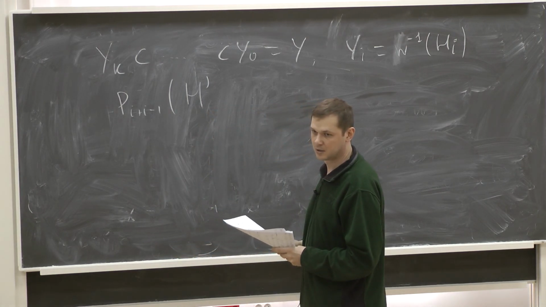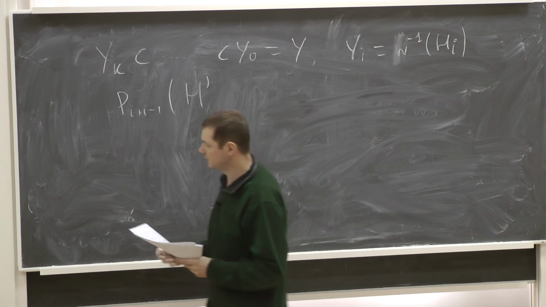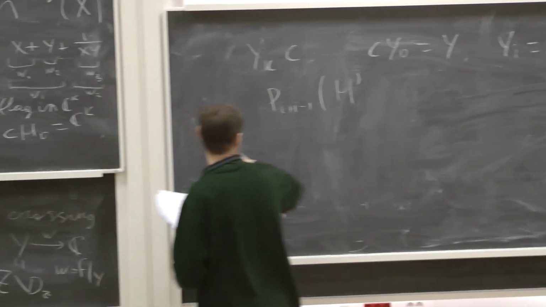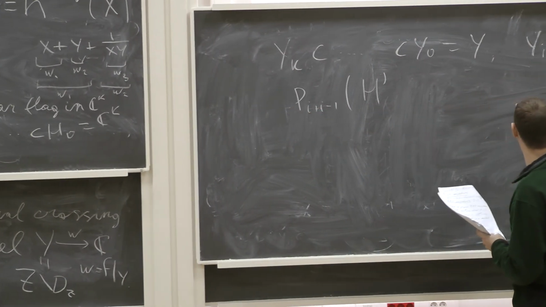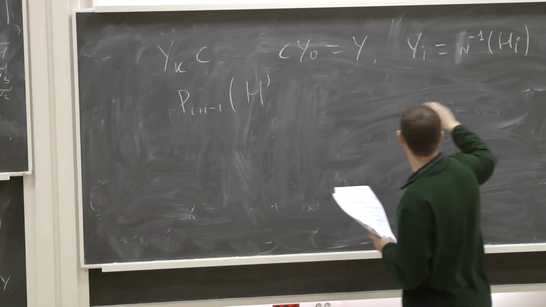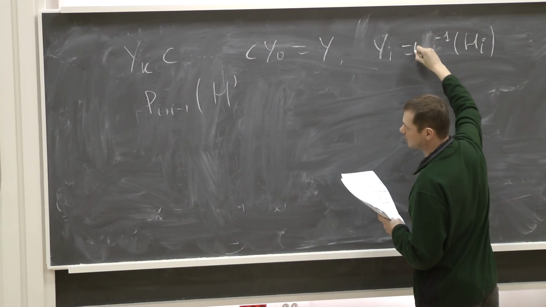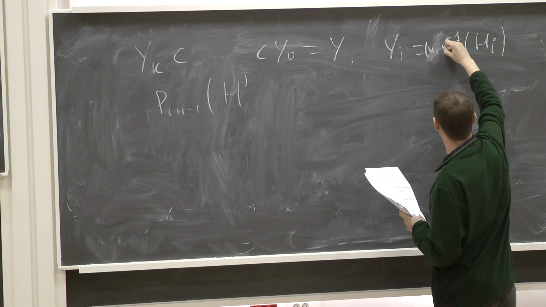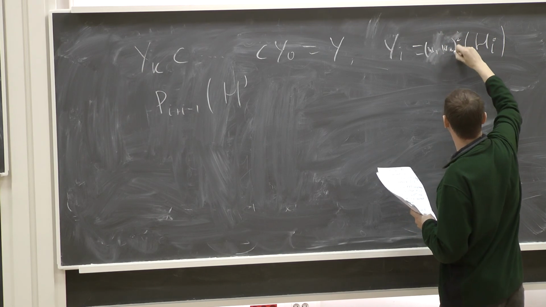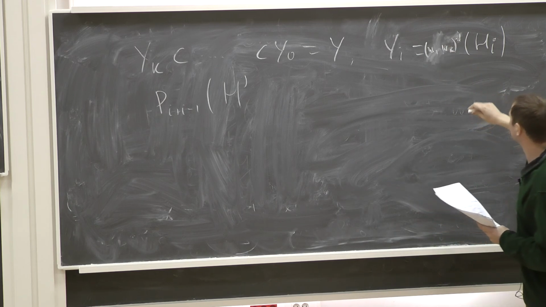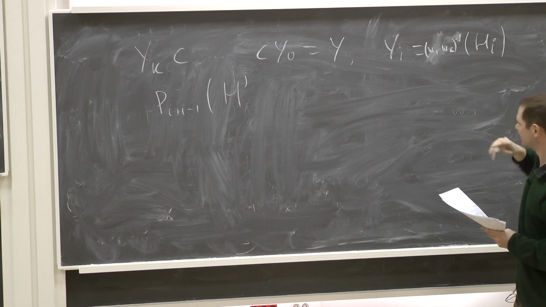So H_i lives in C^k. It's the multipotential, W1 through Wk, minus 1, so just preimages. Yeah. Thank you.